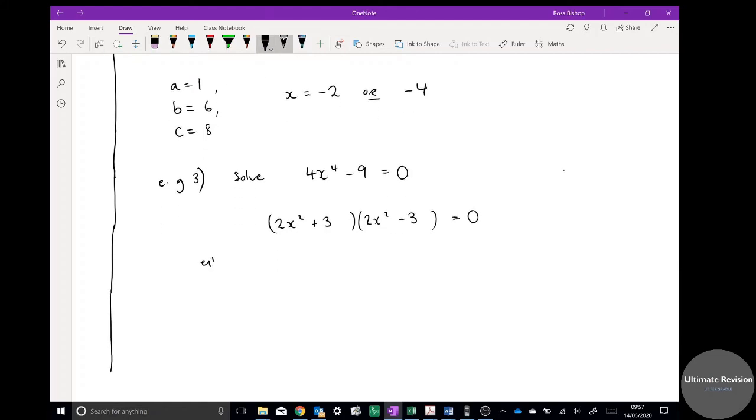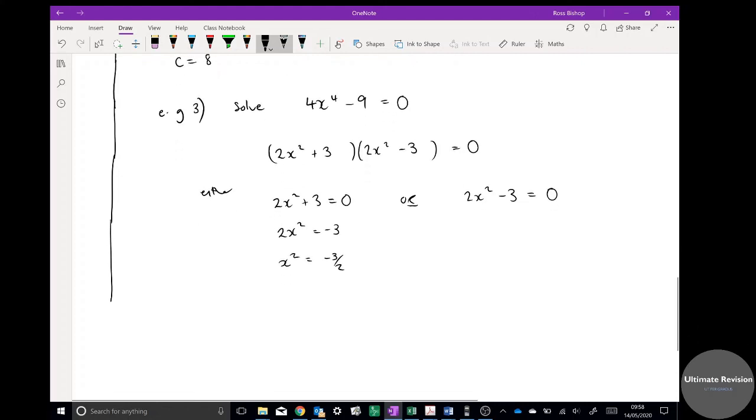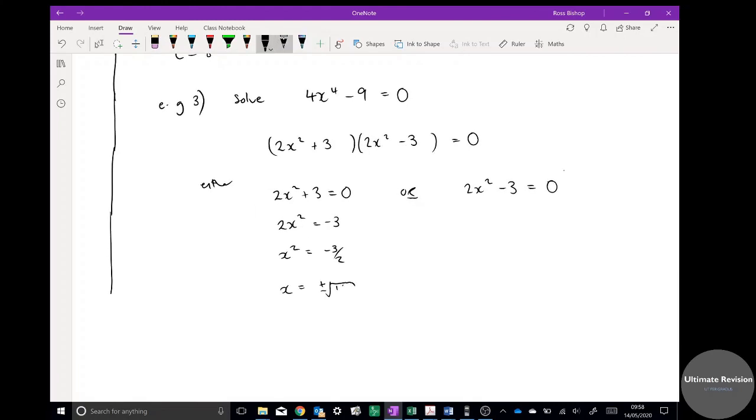So either 2x squared plus 3 equals 0. Now if I solve this equation, let's just go through this. Or 2x squared minus 3 equals 0. So minus 3 from both sides, divide by 2, square root both sides, plus or minus the root of a negative.